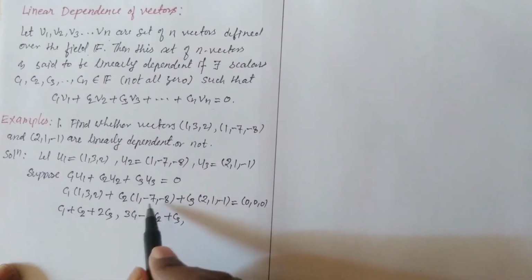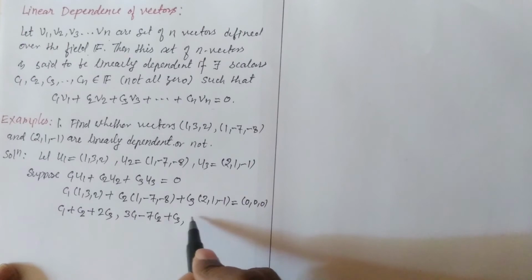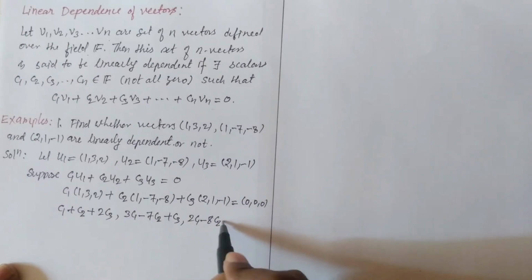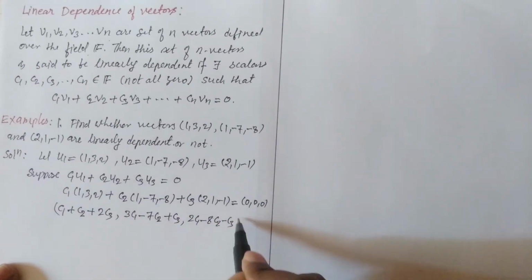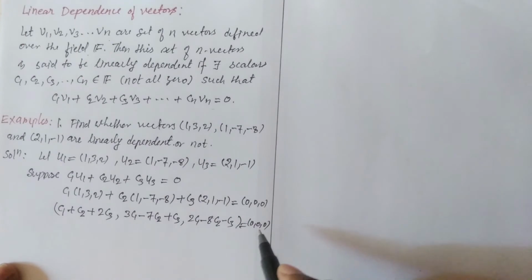Then multiply and add the third component, 2c1 minus 8c2 minus c3, and this equal to (0, 0, 0).